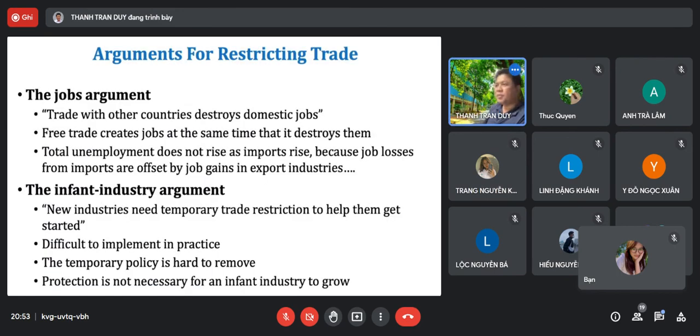My conclusion: even though we say that so far international trade is good, our own country goes against it and restricts trade. Some of the reasons will be sharp arguments. One argument is that we have to protect local jobs.